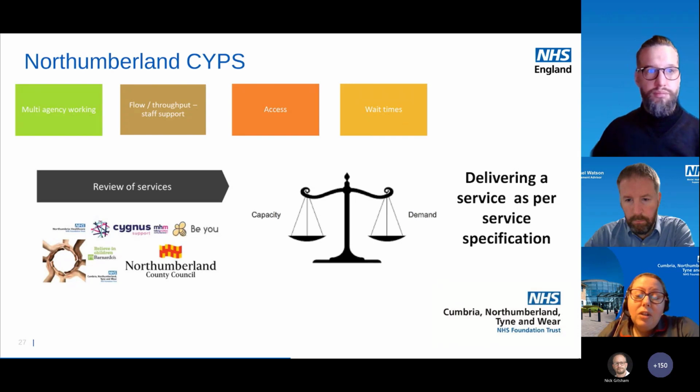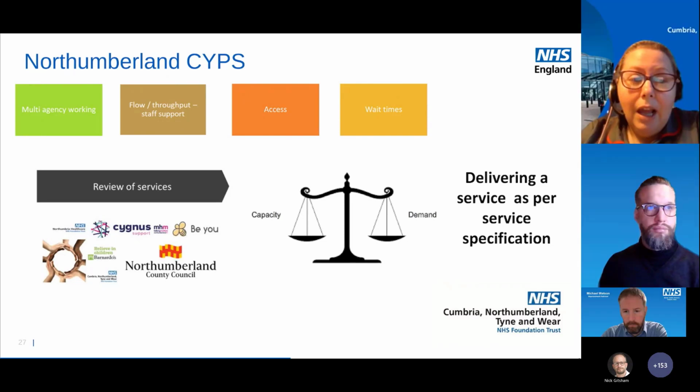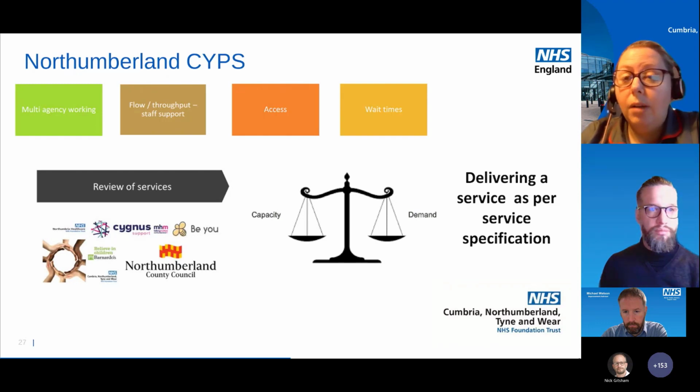We then became successful in being a trailblazer site to be a 4-week wait. We were one of 12 in the country, and our focus was around multi-agency working, understanding flow and throughput, supporting staff, ensuring we have the access to the service right, and wait times, which was the ultimate goal, was to achieve a 4-week wait across our service.